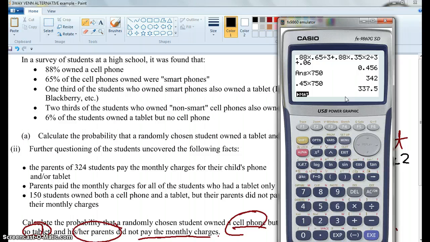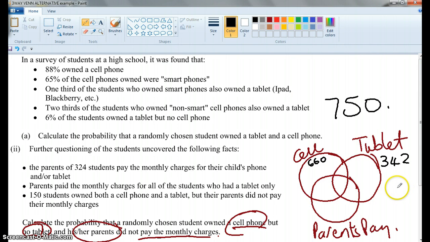Oh, I've got something wrong there, sorry. 0.456 minus my 0.06, and then I times that by my 750. So there was 297 that had a tablet and a cell.